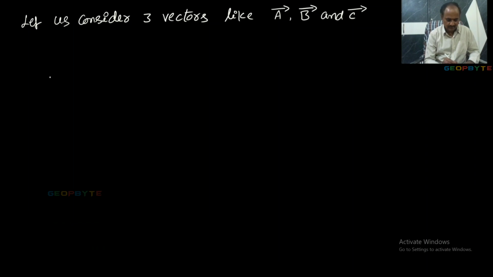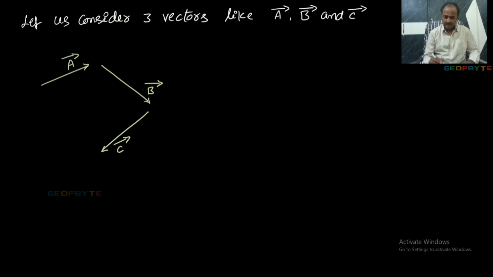This is the vector A. Vector B may be in this direction, and vector C may be in this direction. You know the procedure. So here I want to find the value of vector A plus vector B plus vector C.